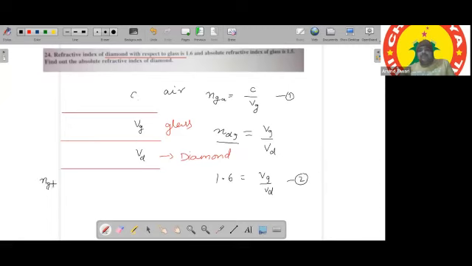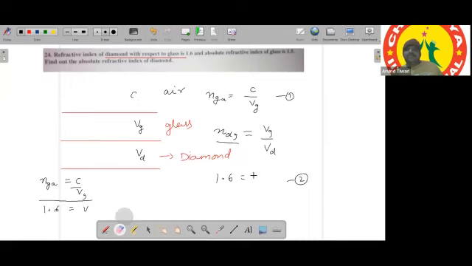Refractive index of glass with respect to air is equal to c by Vg. Dividing this by 1.6, equal to... Oh, sorry, I have written it wrong.